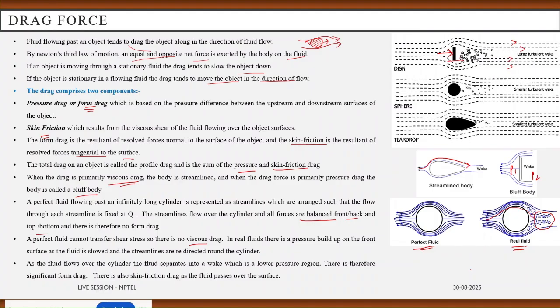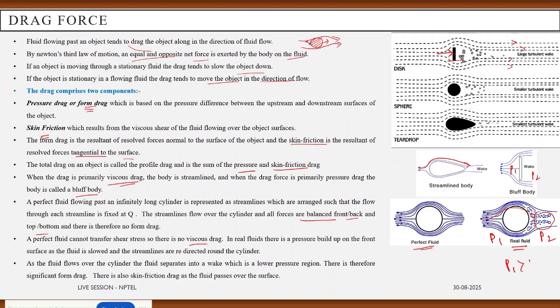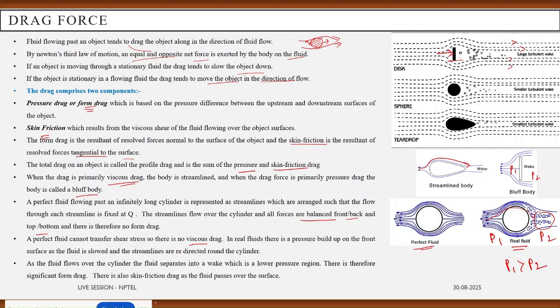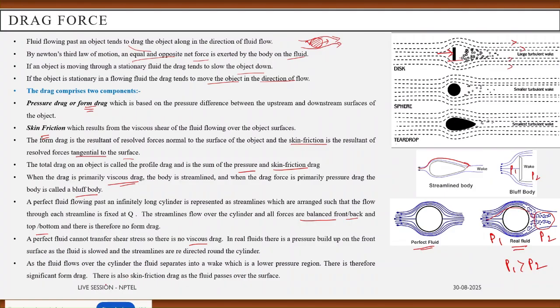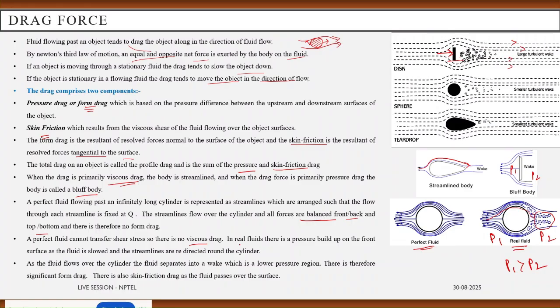As the fluid flows over the cylinder, the fluid separates into wakes, which is a low pressure region. There is therefore a significant presence of form drag, which is due to the pressure difference. There is also skin friction drag as the fluid passes over the surface.